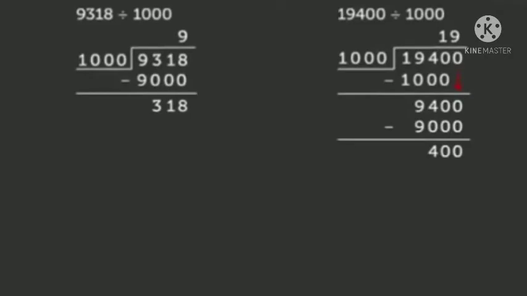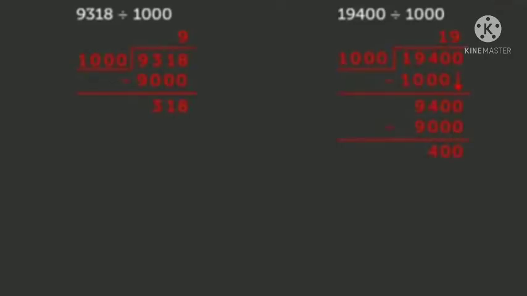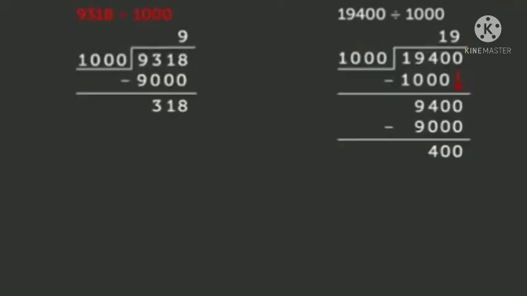Next is division by 1000. Look at the board. We have solved two examples by the division method. Look at the first example. 9318 divided by 1000.